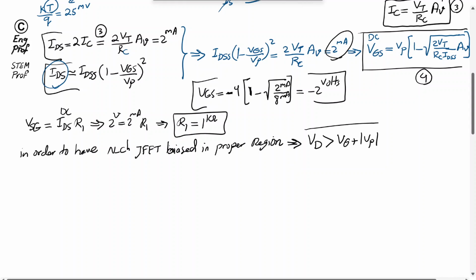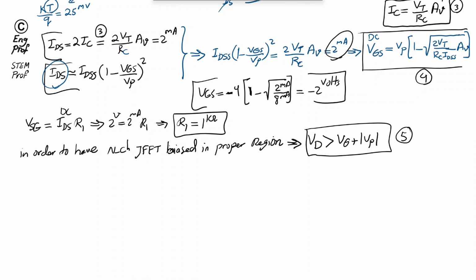Let's say this is equation 5. So from equation 5, given the pinch off is -4, the absolute value of -4 is 4, so V drain is greater than V gate by 4 volt at least.